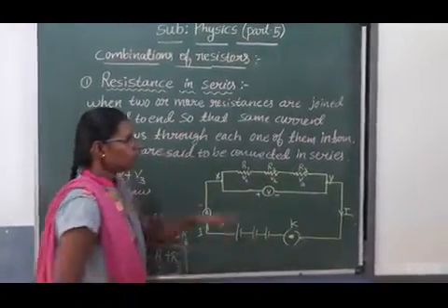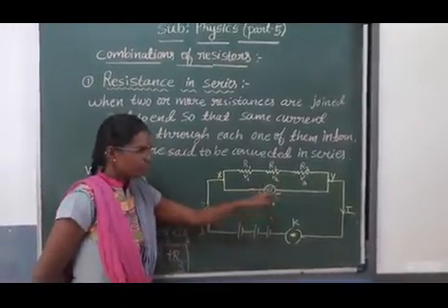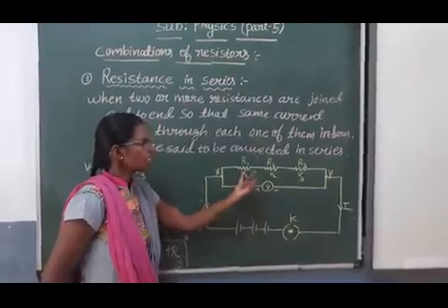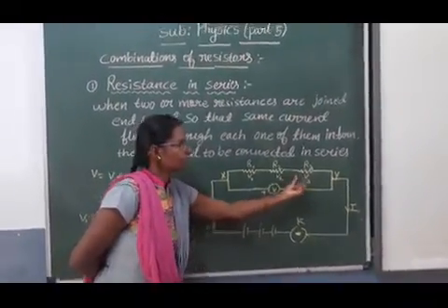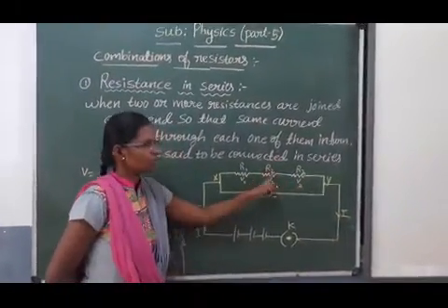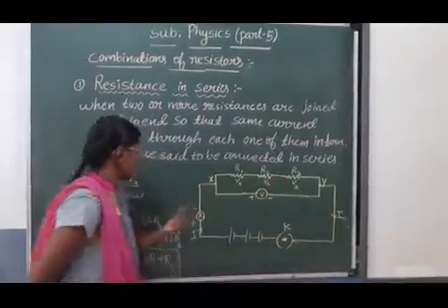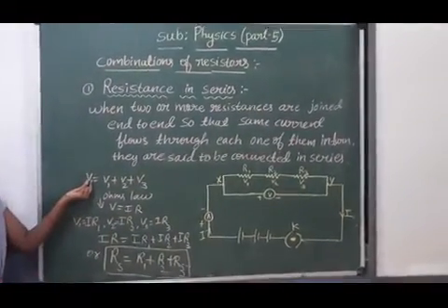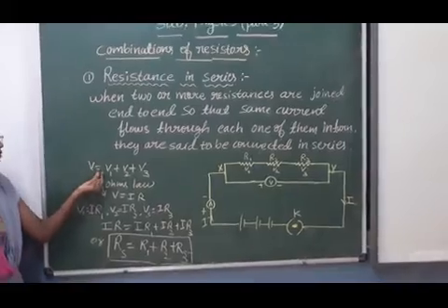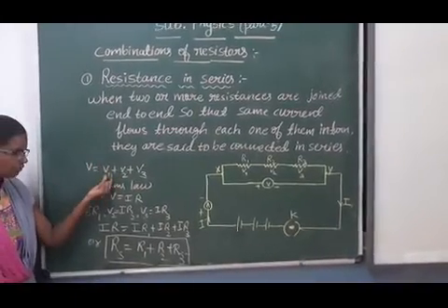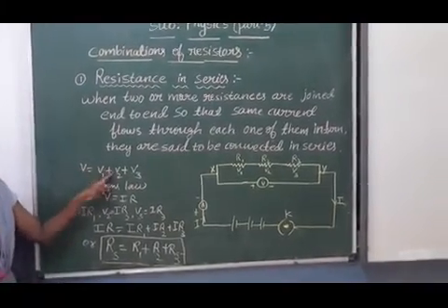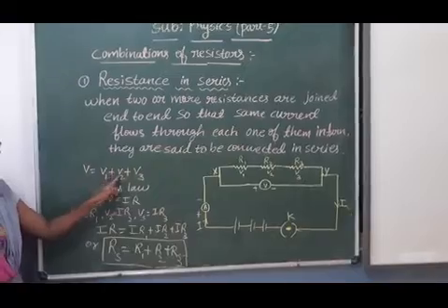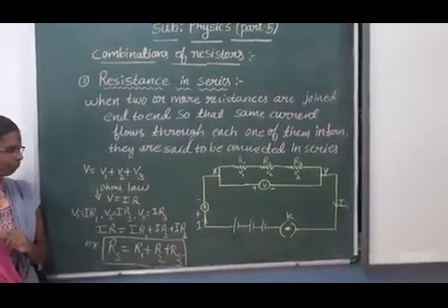So the total potential difference V is equal to the sum of the potential differences across the individual resistances, that is V equal to V1 plus V2 plus V3.